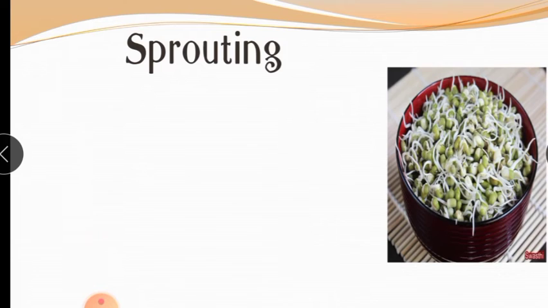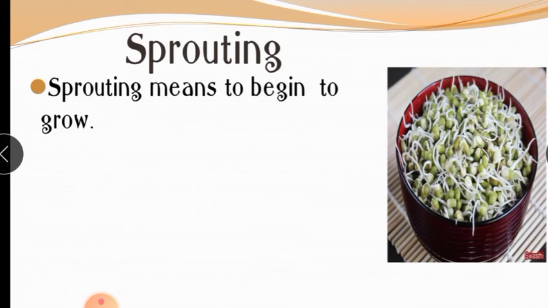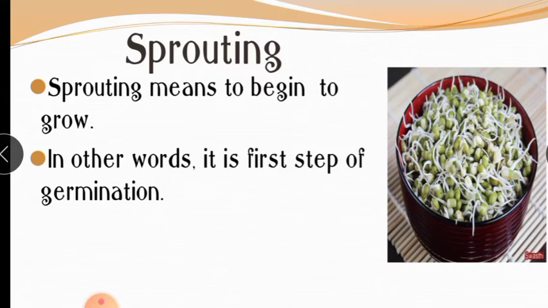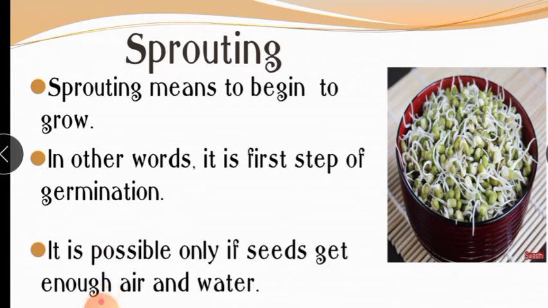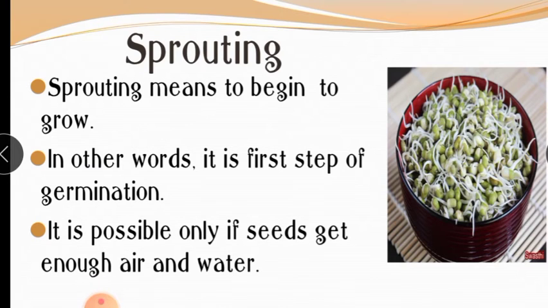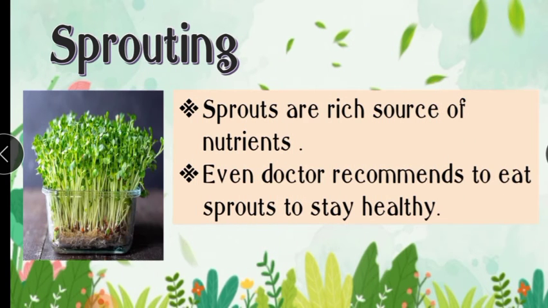Now, I am going to tell you about sprouting. Do you know what is sprouting? Sprouting means to begin to grow. In other words, it is the first step of germination. It is possible only if sprouts get enough air and water.